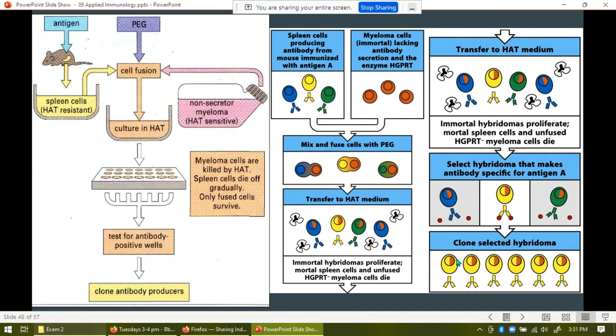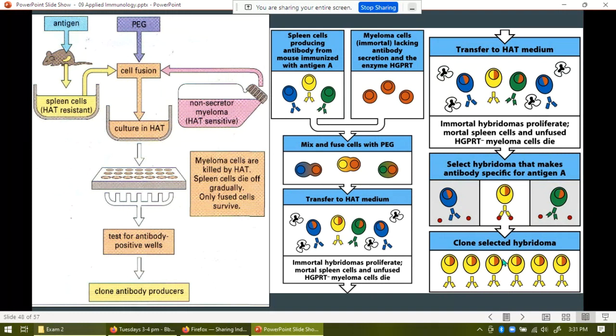And they are immortal, and they also make the antibody of interest. They make a single isotype and a single specificity of that antibody, right? So now you have a monoclonal antibody that you can harvest in very high levels. You can concentrate it, you can affinity purify it, and then turn it into an injectable medication.